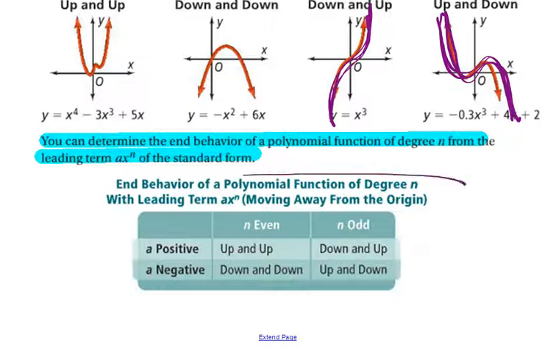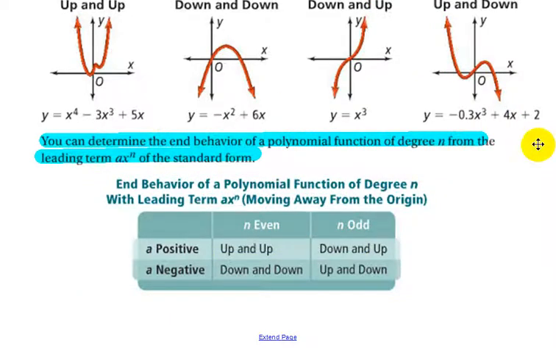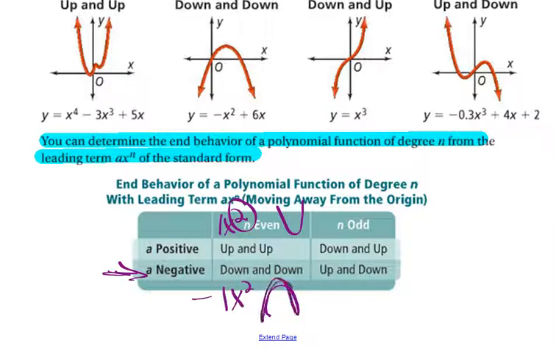So they made a chart for us, and it is, if a is positive and n is even, it's up and up. Think of 1x squared. It's up and up. Now remember, if a is negative, like negative 1x squared, that was the downwards facing parabola.